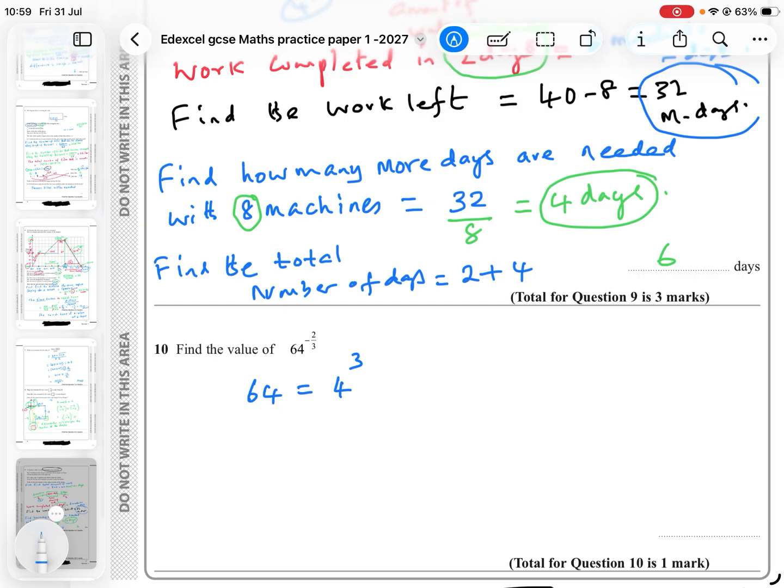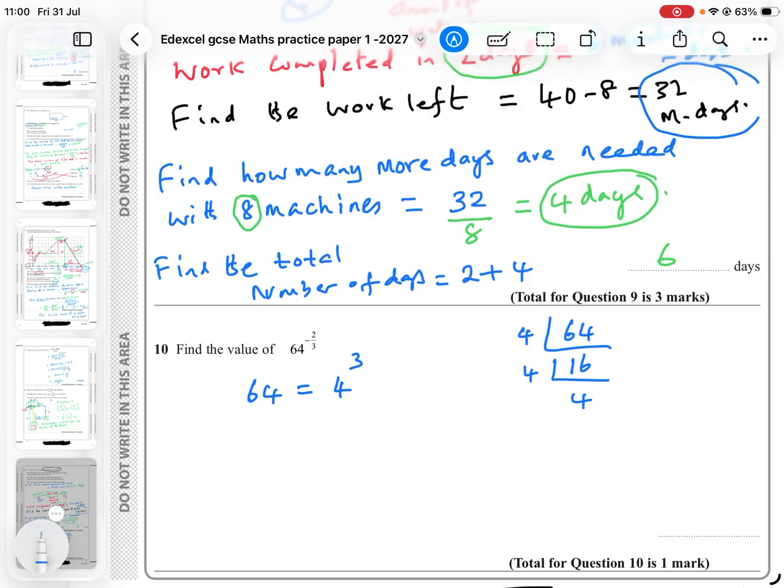So that means 64, when you divide by 4, 16. 64, 4 times 16, 4 times 4, 16.